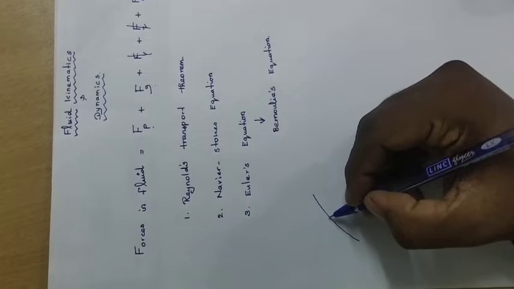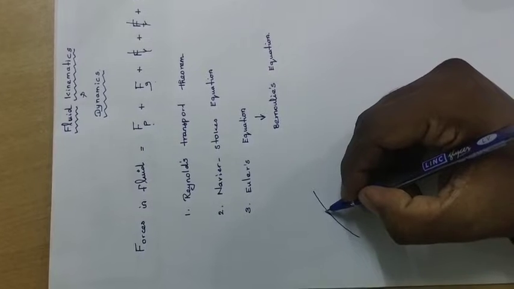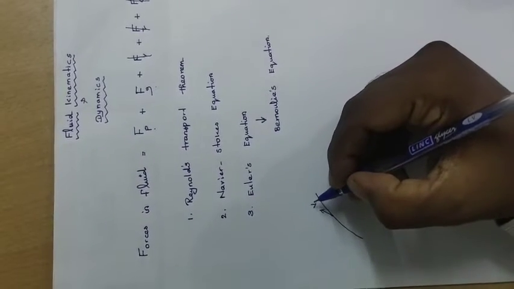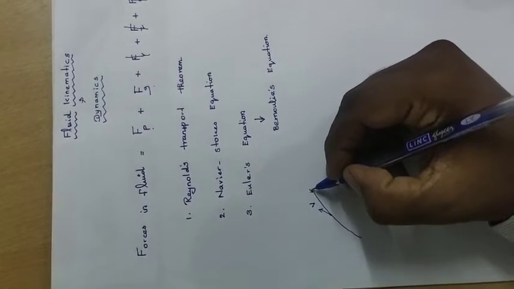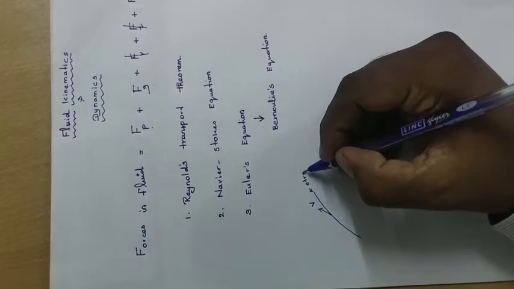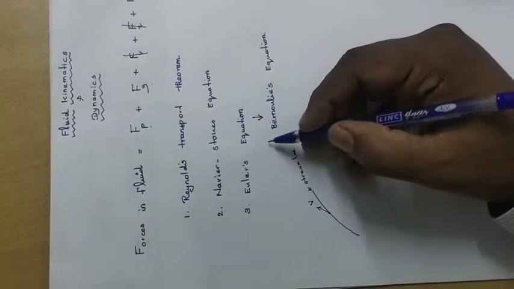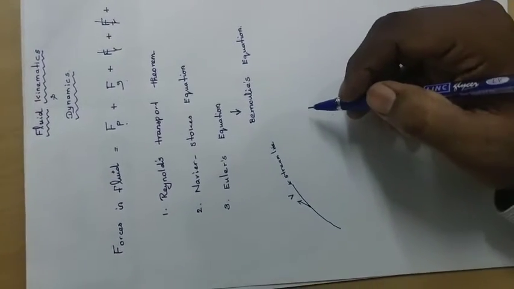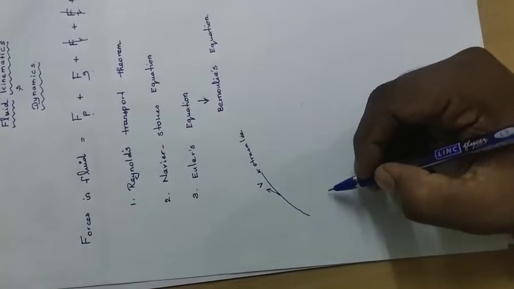On this line, if you mark a point and draw a tangent to this imaginary line, it will give you velocity and its direction. So this line is a streamline. Here only we are applying Euler's equation, right?